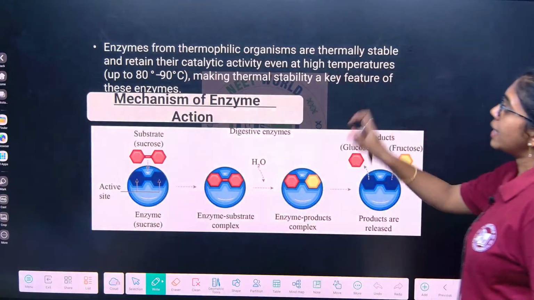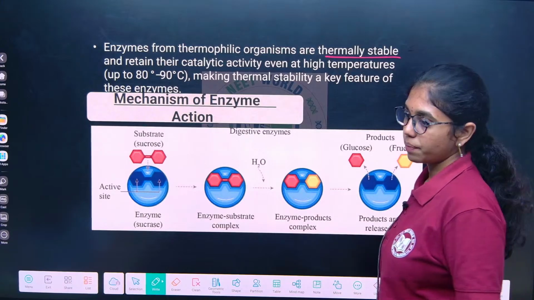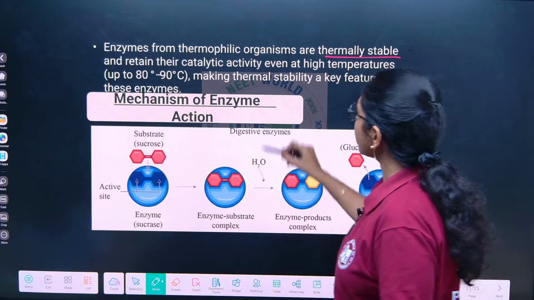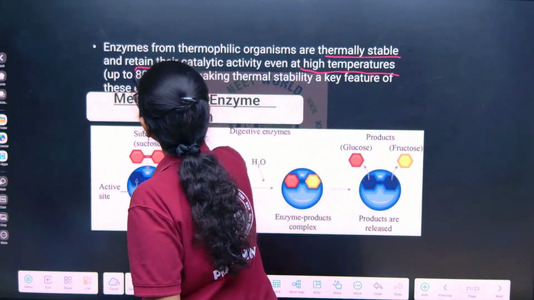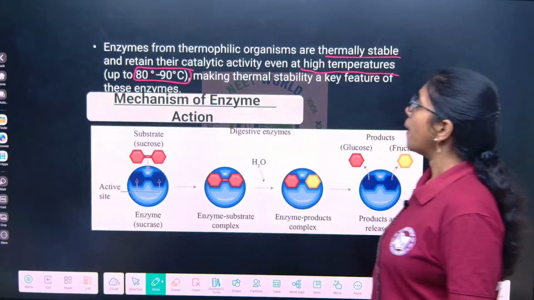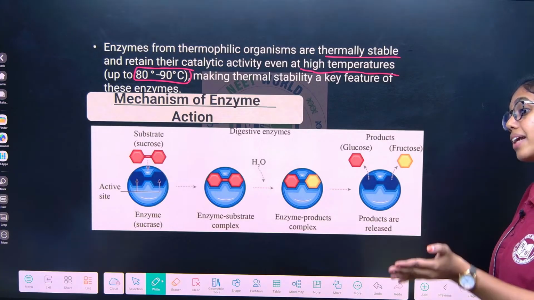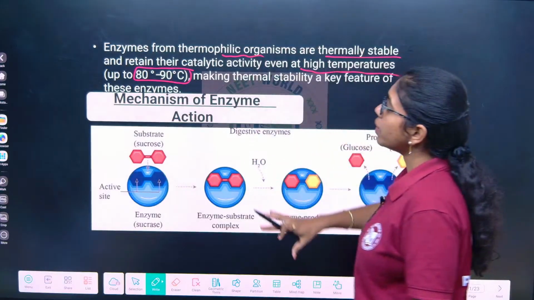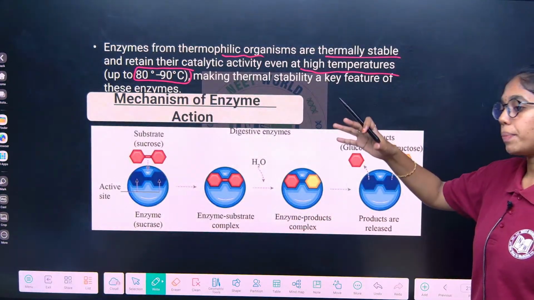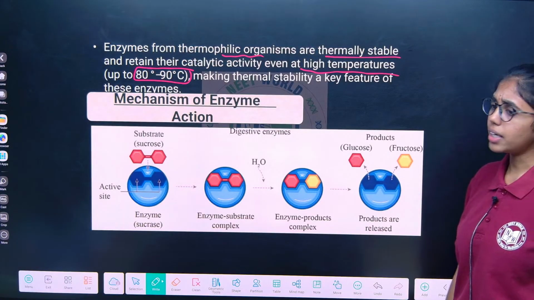Here you see enzymes from thermophilic organisms are thermally stable and retain their catalytic activity even at high temperatures, that is up to 80 to 90 degrees Celsius, making thermal stability a key feature of these enzymes. So, enzymes act at higher temperature inside which organisms? Thermophilic organisms. What will be their temperature optimum? It will be from 80 degrees Celsius to 90 degrees Celsius. Till here it is clear, right?